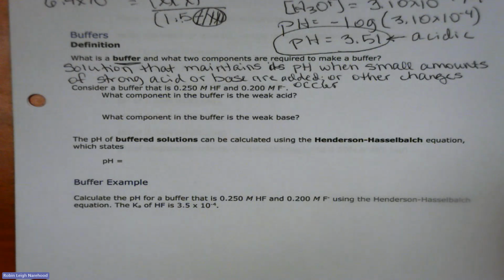The most common one that people might have heard of is the buffer that exists in your blood. Your blood needs to be at a pH range somewhere between like 7.35 and 7.45. If it goes too low, it is very dangerous and you can get sick or worse. If it gets too high, it's very dangerous too.